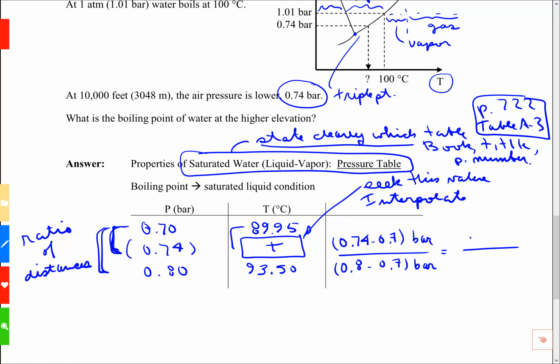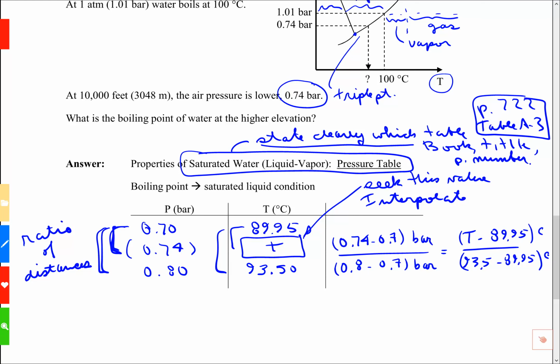The short distance is going to be T minus 89.95 divided by this distance, which is 93.5 minus 89.95. Now both of these distances are in centigrade, so the units cancel out. So it's dimensionless ratios.